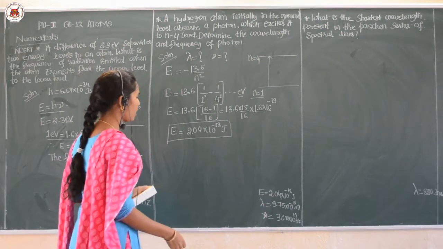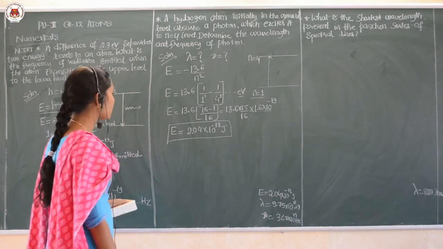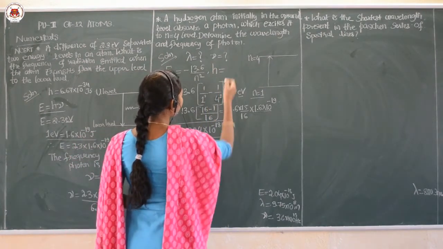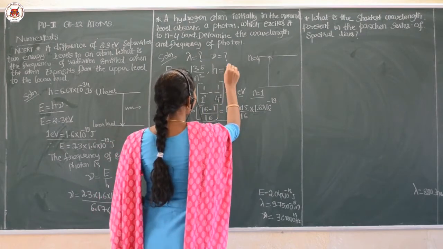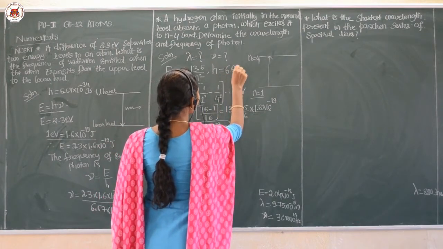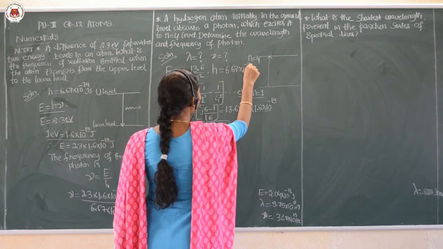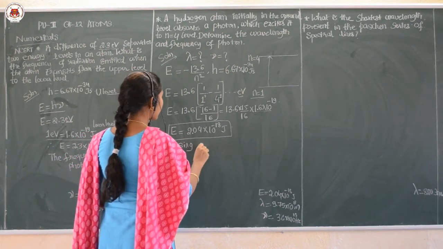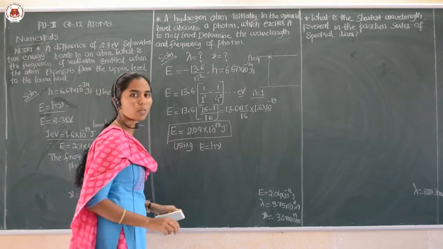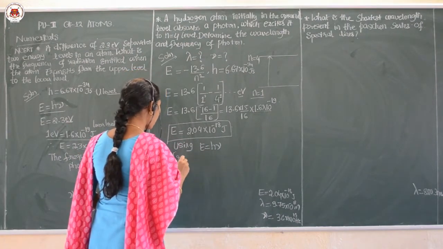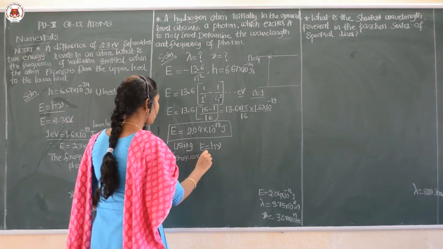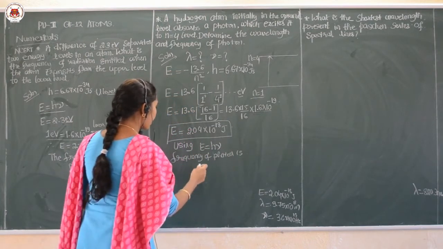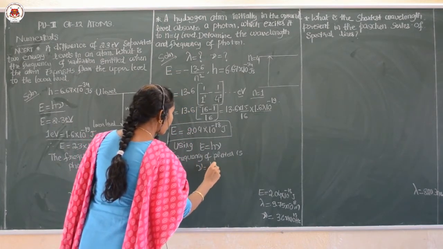And next, again use the same formula, E is equal to h nu, right? And we know from the theoretical part also, Planck's constant h is equal to 6.67 into 10 raised to minus 34 joule second. Therefore, using E is equal to h nu, the frequency of the photon I can write as nu is equal to E upon h.